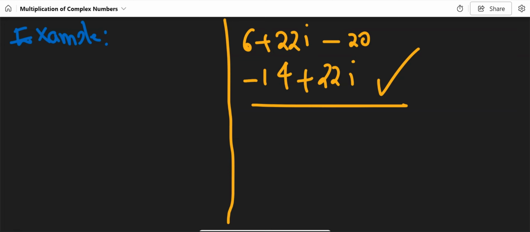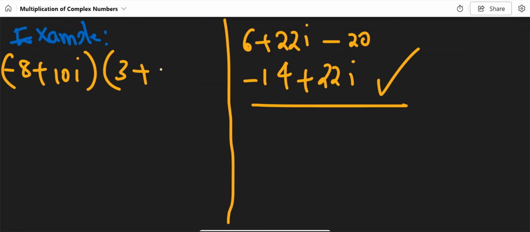So we have negative 8 plus 10i multiplied by 3 plus 8. Sorry, let me just remove this.